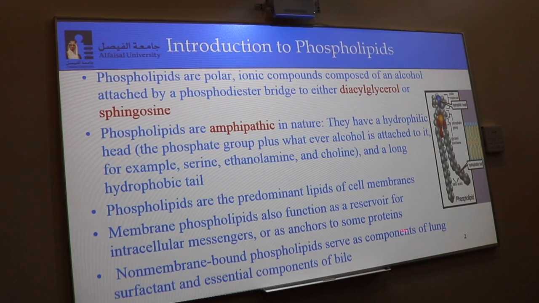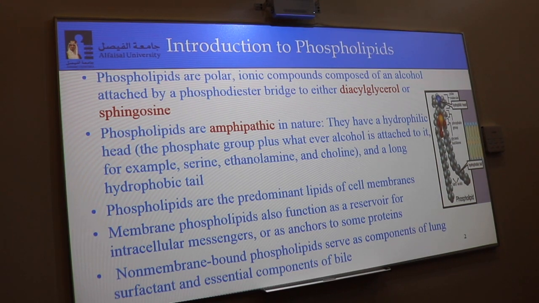You know that in the lung we have what we call lung surfactant, and they are also a component of the bile, which is the substance released from the gallbladder to help in the emulsification of lipid in the intestine. The bile is synthesized in the liver, stored and secreted by the gallbladder into the intestine, and it helps in the emulsification of lipid.